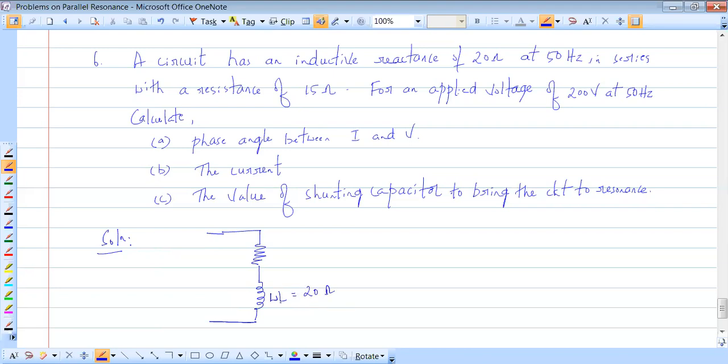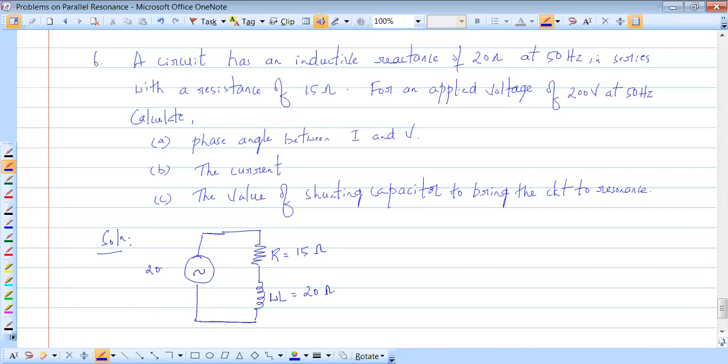How did we understand this is omega L, not j omega L? Because there is no j term here. It's that simple. And they have given us the resistance R, and this is 15 ohms. And for an applied voltage of 200 volts, so they are applying a voltage across this. This has got a frequency, which means that's AC. So what is the voltage they are applying?